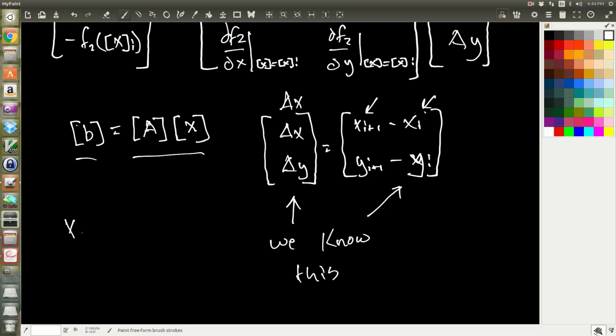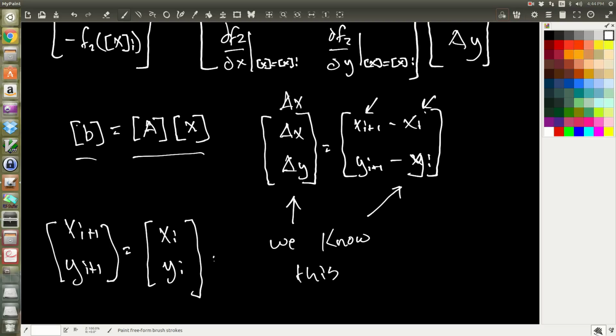So we can say xi plus 1, yi plus 1, put that in a vector. That's equal to our initial guess, which was just xi, yi, plus this delta x vector that we solved for, delta x, delta y.